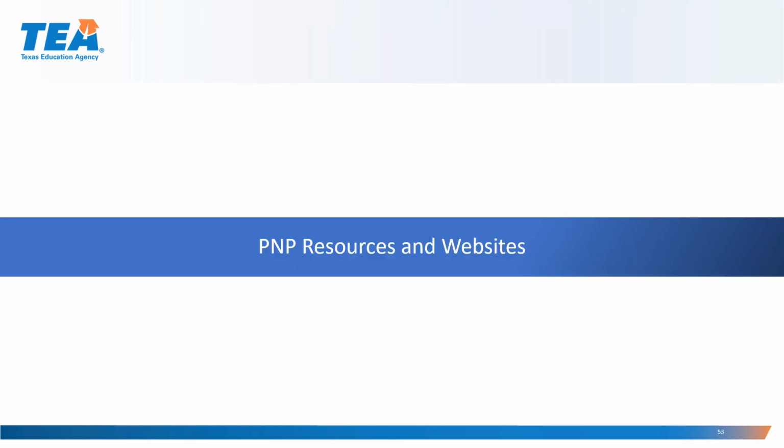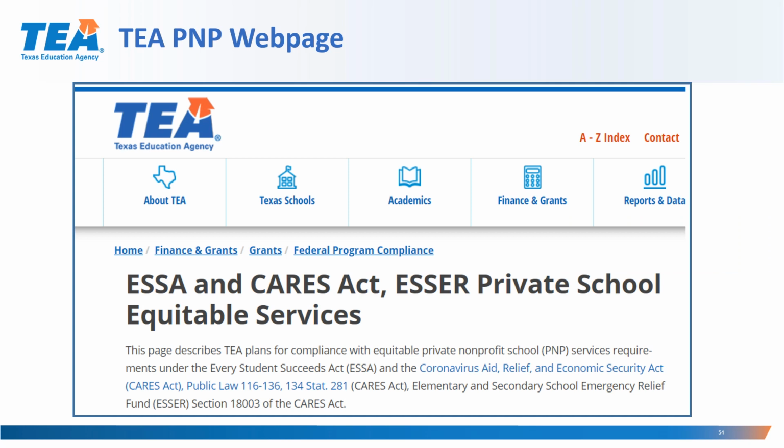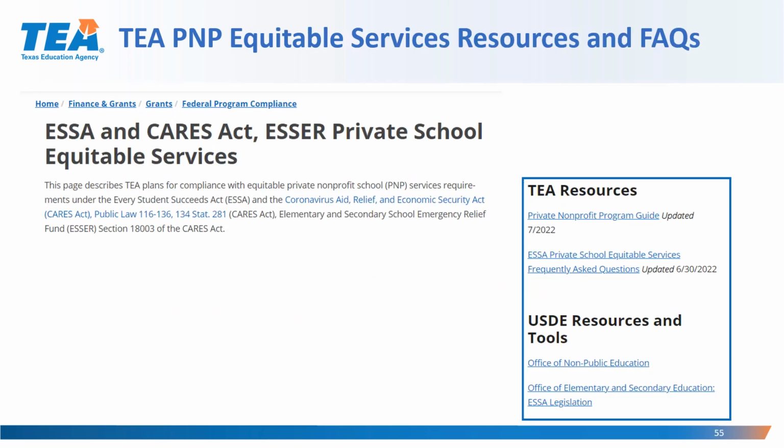Now I would like to share a few PNP resources and websites. This is a copy of the PNP webpage, where it starts out talking about ESSA and the CARES Act, as well as the Elementary and Secondary School Emergency Relief Fund, Equitable Services.